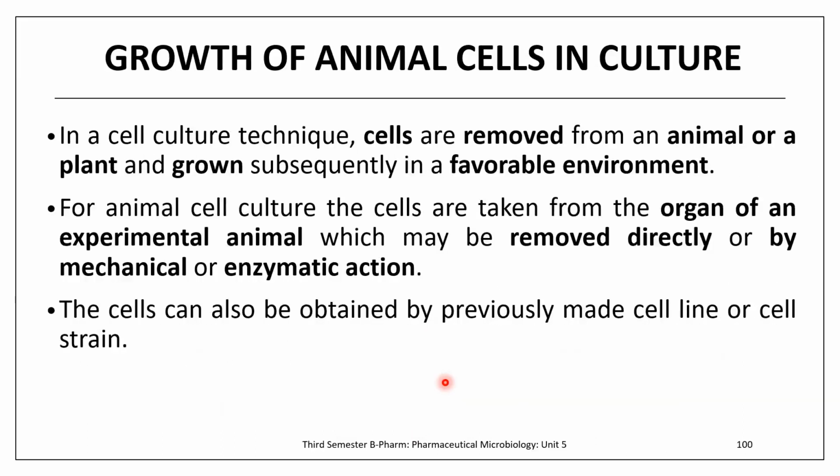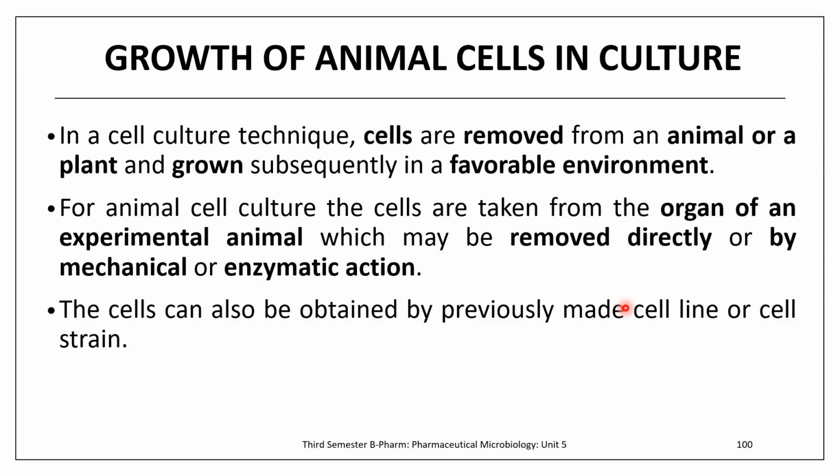Now, what are the different cells used for animal cell culture? First, we have to remove the specified cells from the animal in order to grow them in an outside environment, which also requires some favorable conditions. This removal can be done directly, as in surgery, by using an incision or some surgical procedure.